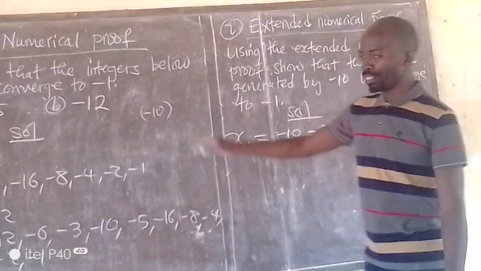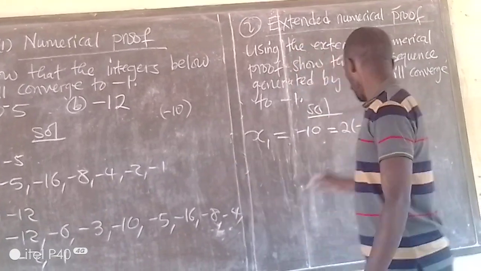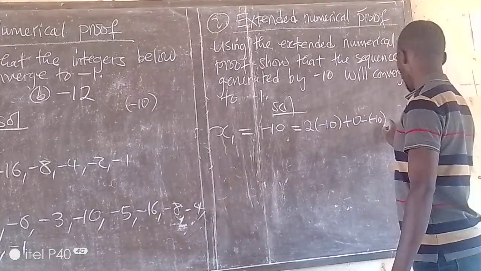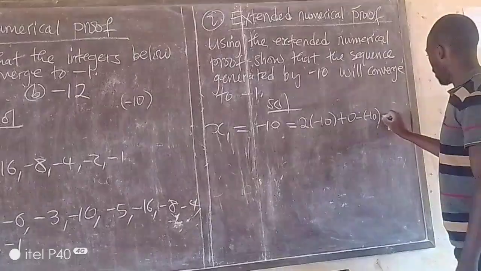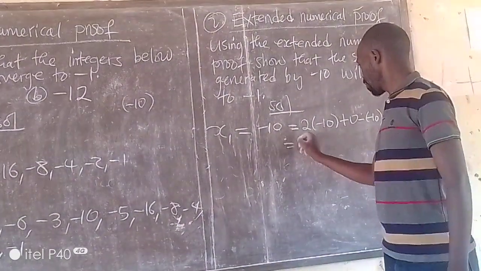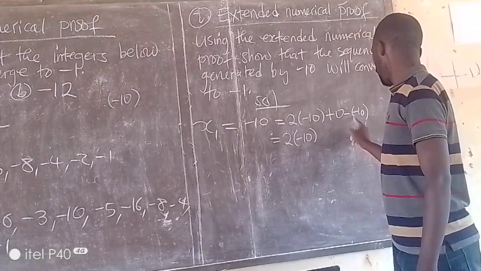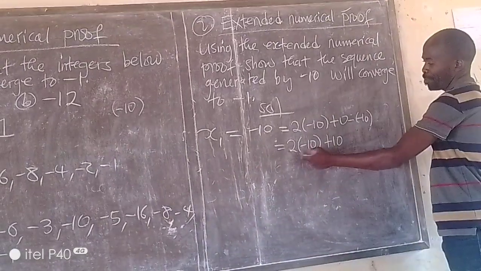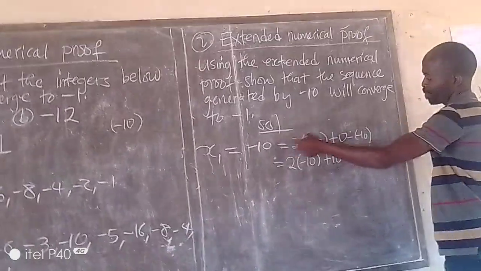Then my b here is 0, so plus 0 minus negative 10. And our result here becomes 2 times negative 10, plus 10. If I multiply this, I will get negative 20 plus 10, I will get negative 10.